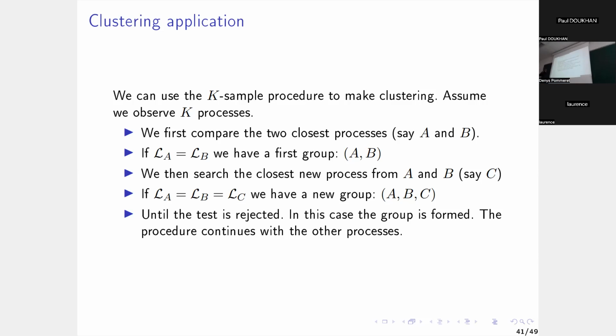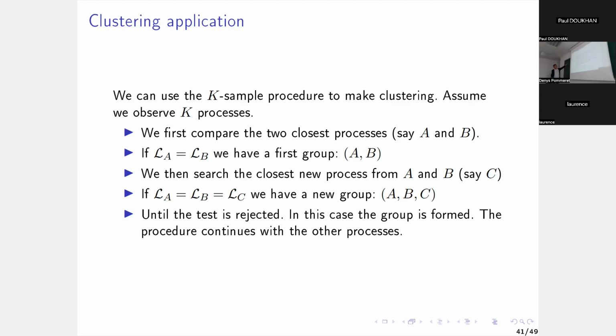Is H0 true? If no, I stop, because that was the minimal statistic, and all other statistics are larger than this one. So there is no group, because these are very close, but these are not equal.